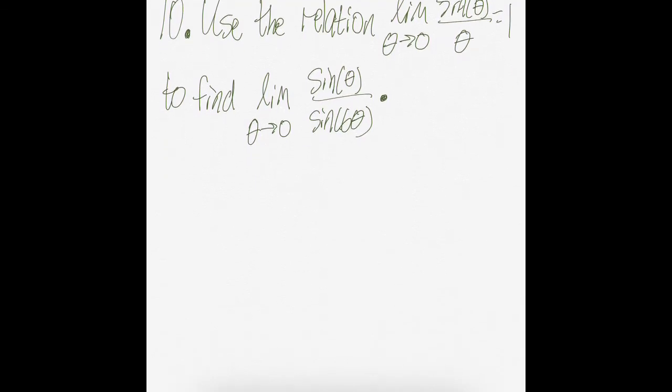Okay, so we are reminded of this very nice fact, which we have seen now, hopefully in the video or in Mackenzie's video or in the textbook. So we know this limit, and we want to use that limit to find this other limit.